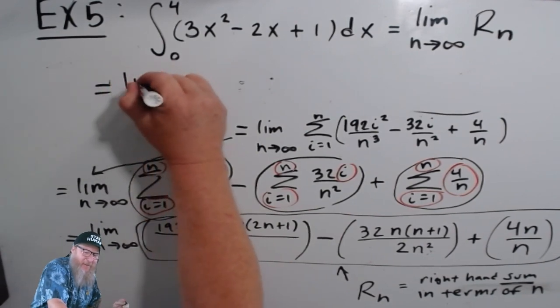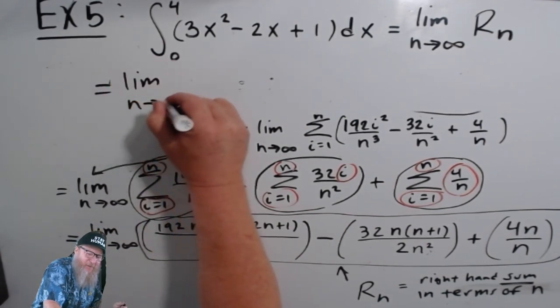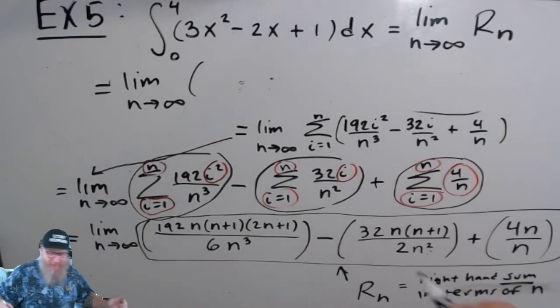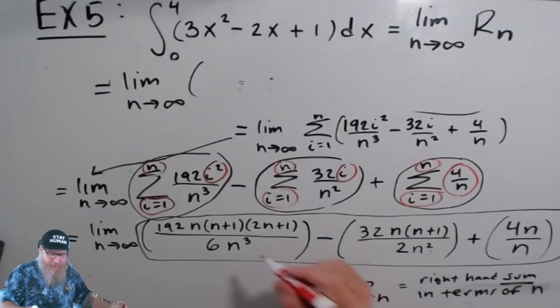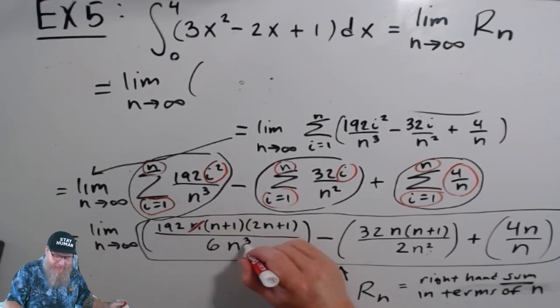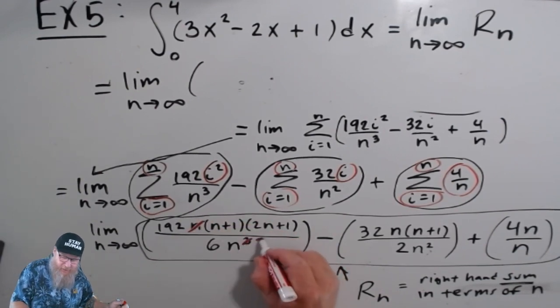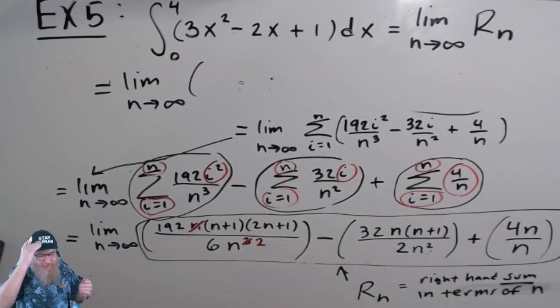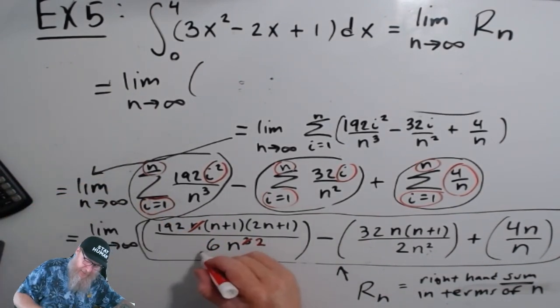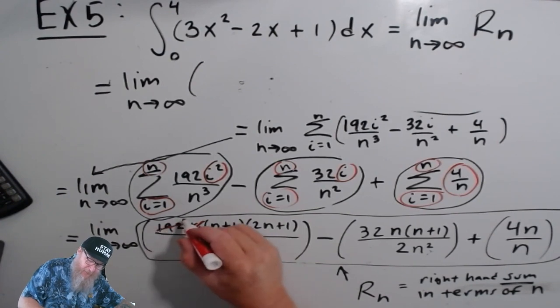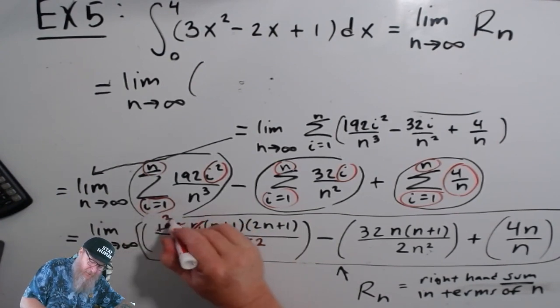All right. So we got the limit as n goes to infinity. Let's clean this up a little bit. So we've got n and then n cubed. So that'll change that to n squared. And then we've got 192 divided by 6, which will make that a 32.